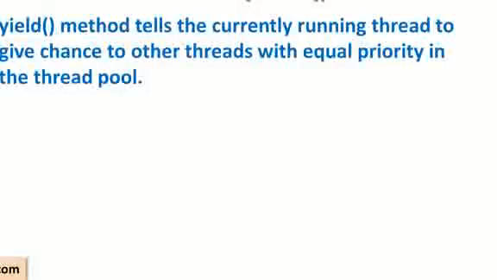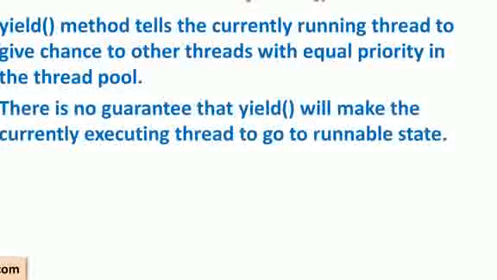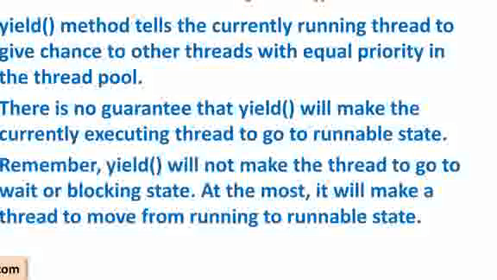So this is a most important point, and there is no guarantee that yield will make the currently executing thread go to runnable state immediately, and you cannot really guarantee that yield will ensure the other threads get an equal opportunity. It all depends on the operating system, the JVM, and a lot on the thread scheduler.